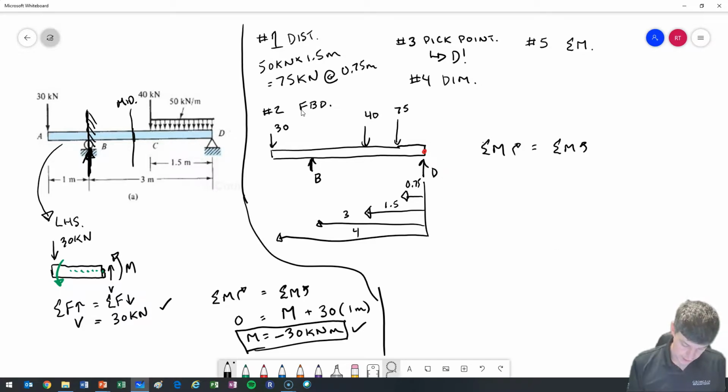So I'm going to start at D and work my way across. First one I get to is the 75, and it is in the counterclockwise direction. So I'm going to put it on this side. So 75 at a distance of 0.75 plus.